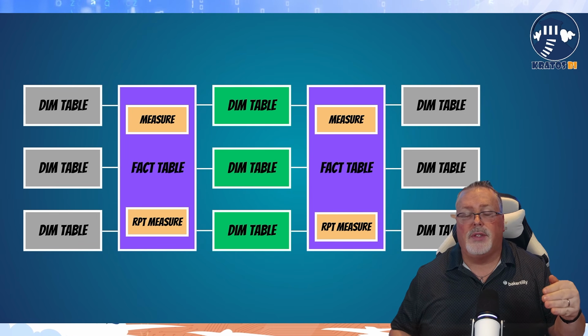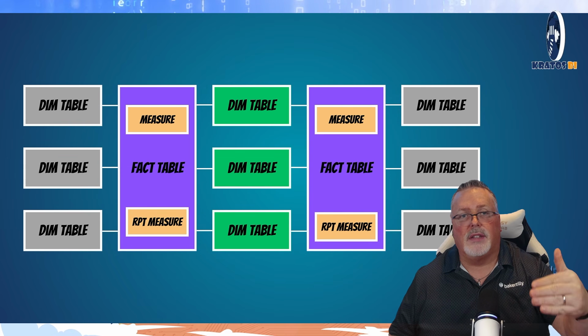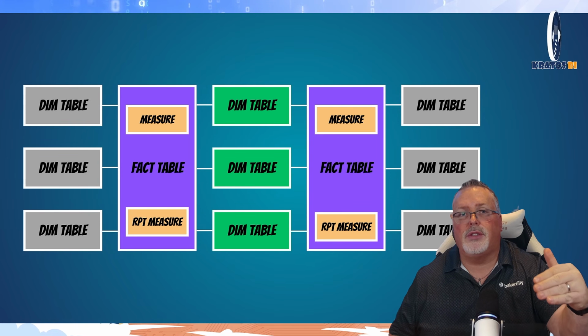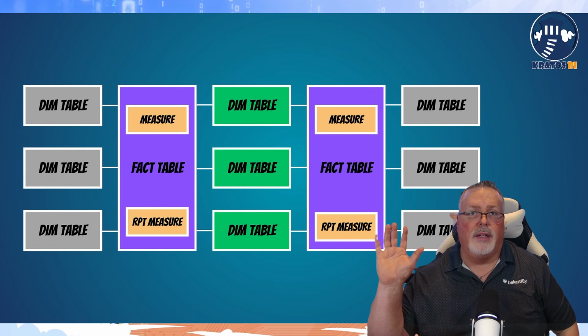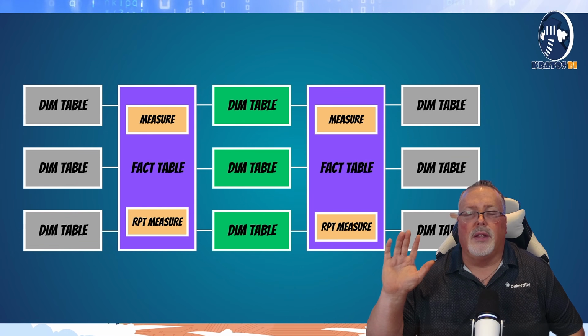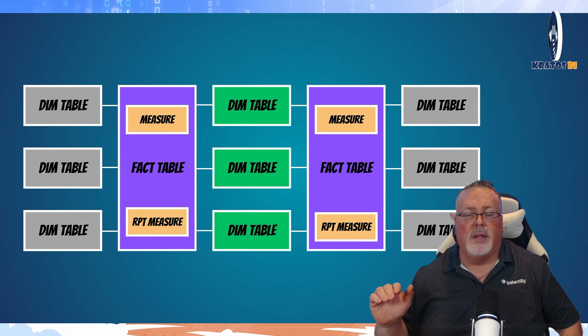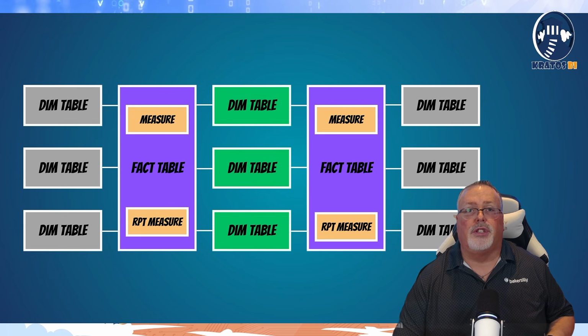So when a user goes in and looks at sales, they can go into the sales fact table and see the measures that are there. They see the report-side measures that are there. Or if they're going into customer service incidents, they can see the measures on that one report or just measures as part of the model. That becomes really beneficial.